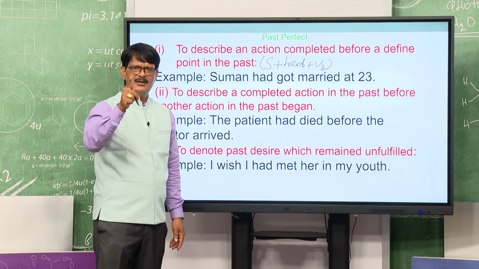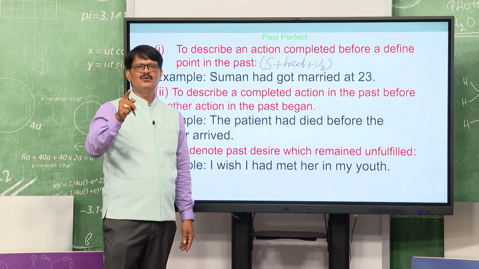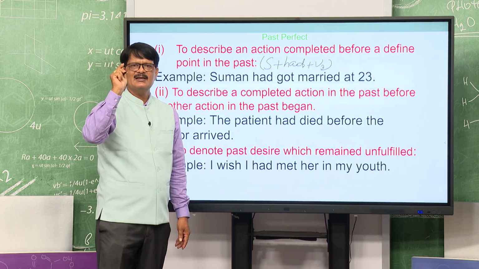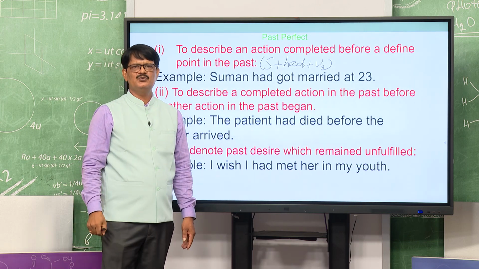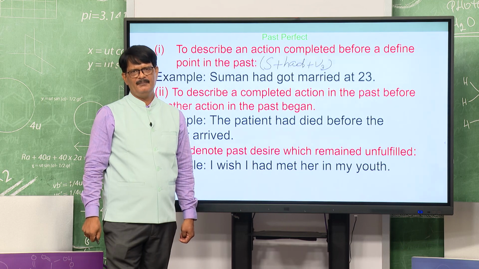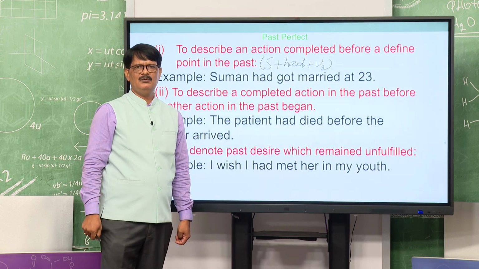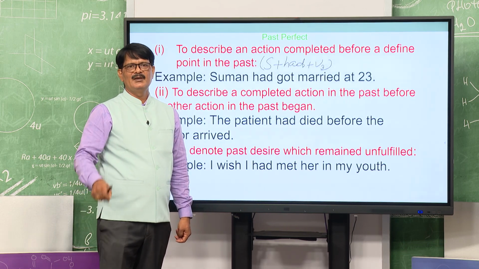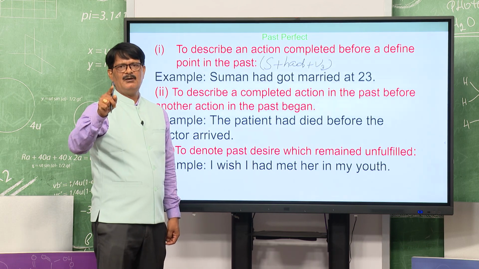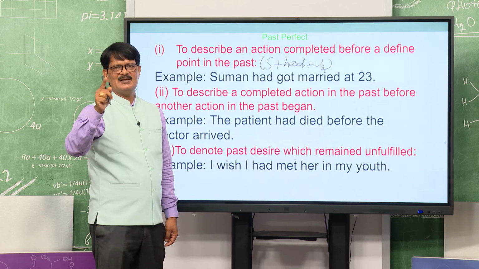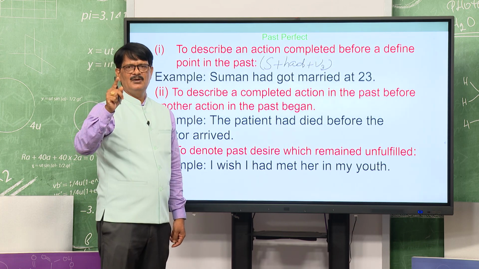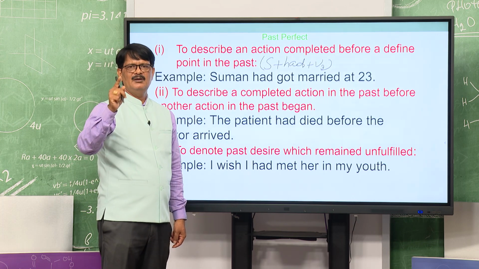In case of the earlier past, we will use past perfect. In case of the recent past, we will use past simple. Again I want to repeat it: in case of the earlier, the past perfect; in case of the shorter or the latter, the past simple.